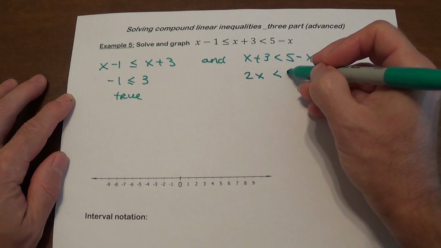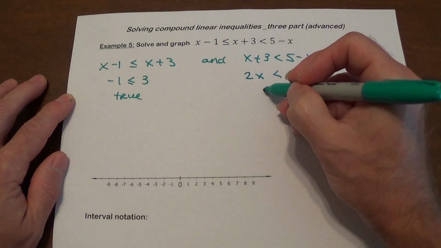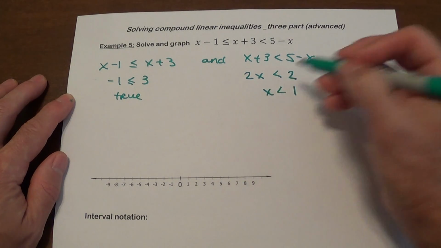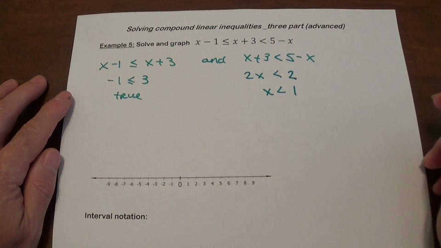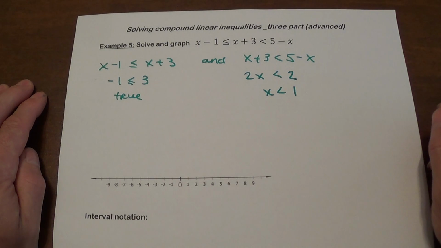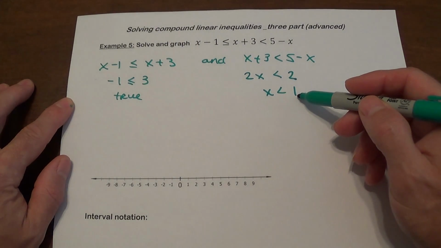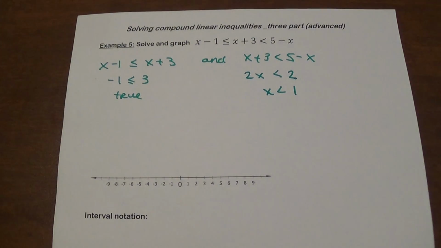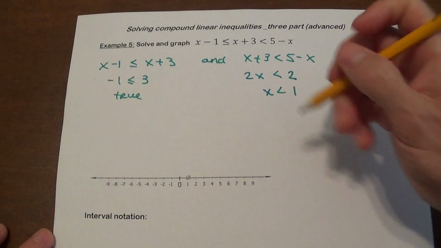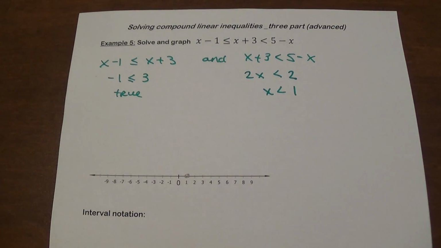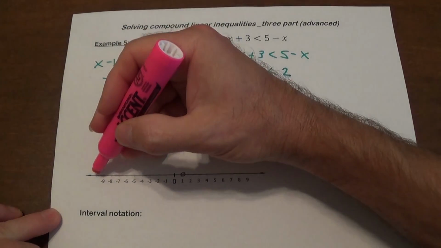2x is less than 2 and x is less than 1. So even though this inequality here alone produces all real numbers as solutions, we're going to be restricted by this condition here, and so x has to be less than 1. So here's 1, and less than 1 will be going to the left of that.